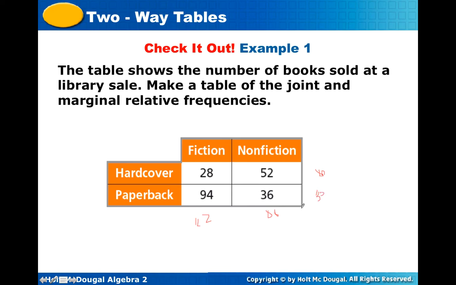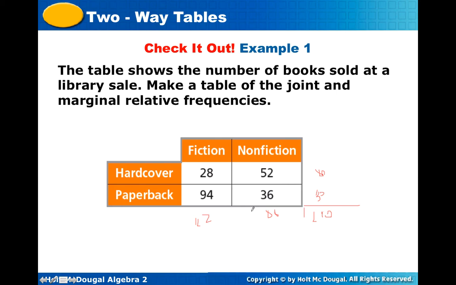Now the sum of this column, 80 plus 130 is 210, I'm sorry, it's 210, should equal the sum of my rows. So 112 plus 88 is, oh, see, we messed up.